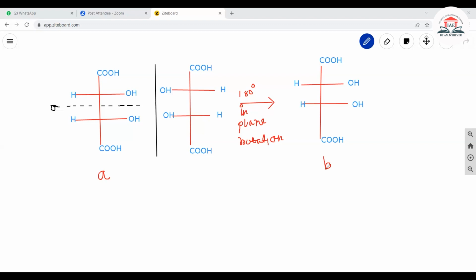So molecules which form superimposable mirror images, they are optically inactive. Okay. So this molecule is actually optically inactive.